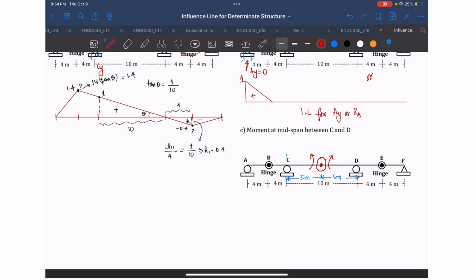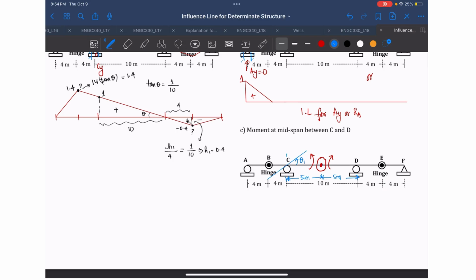In this case, if this beam rotates counterclockwise, then it has to be rotating in this way, because that's how you rotate and make sure that you are not breaking any beam. Let's say that will be theta 1.